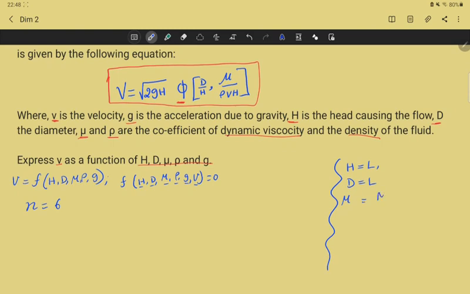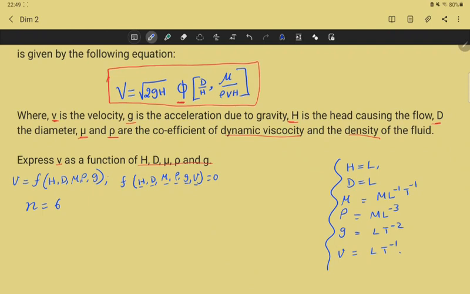Mu is m l power minus 1 t power minus 1. It's all given in the formula sheet for you, please refer to that. Rho is m l power minus 3, and g, acceleration due to gravity, is l t power minus 2, and the last one is v, velocity, which is l t power minus 1.